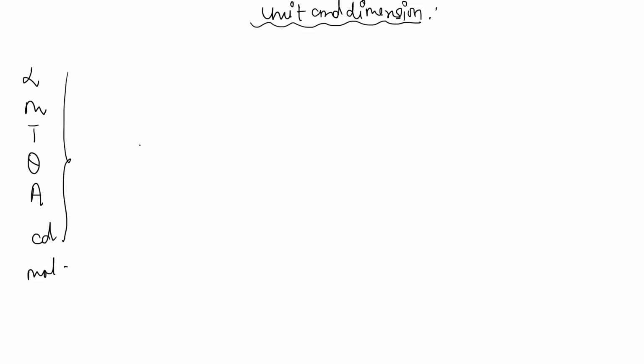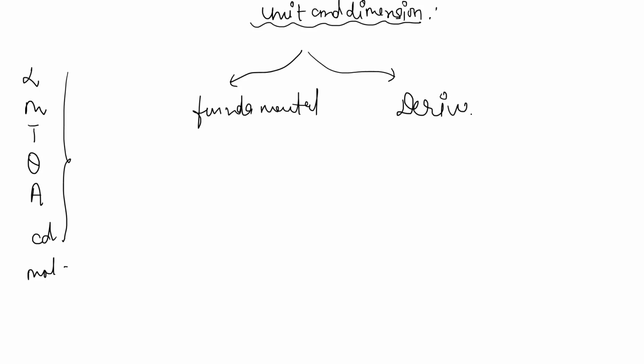First, we have two types of physical quantity. One is the fundamental physical quantity, and the other is the derived physical quantity.